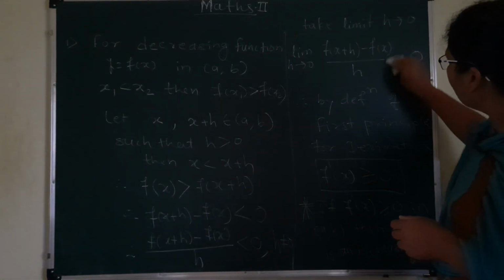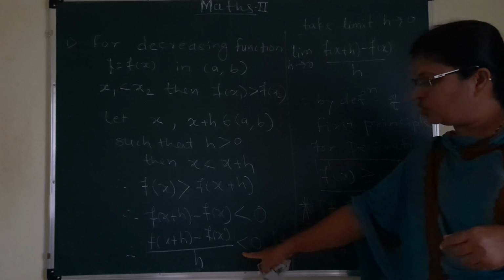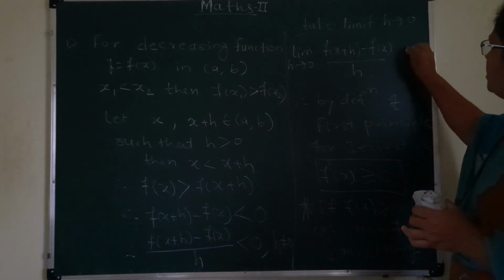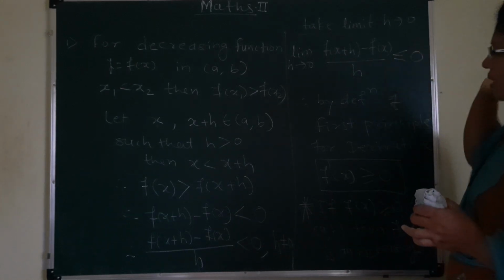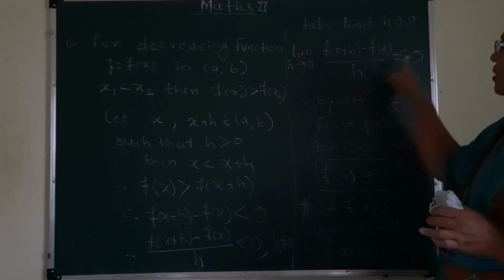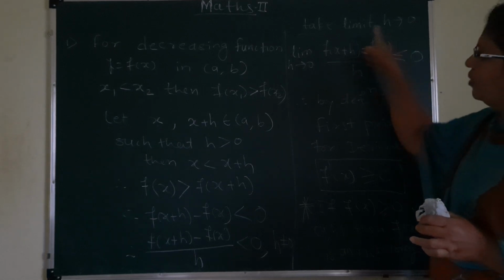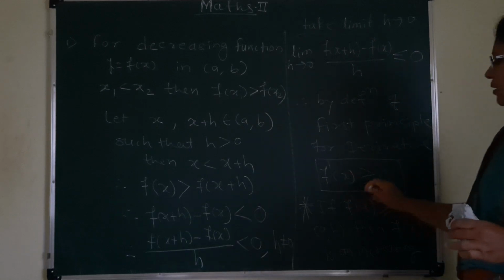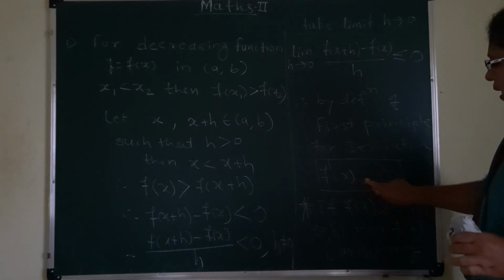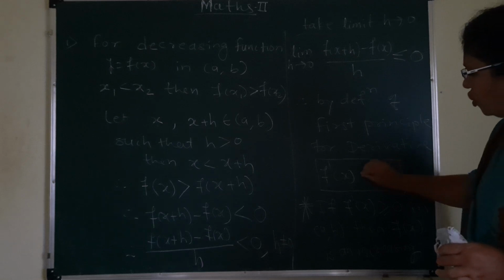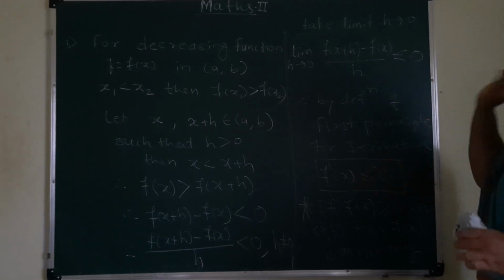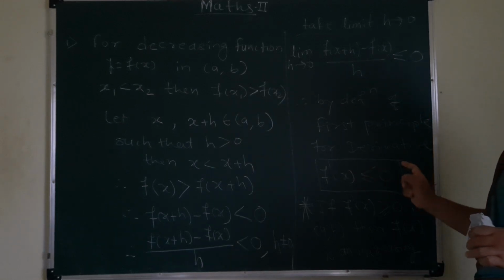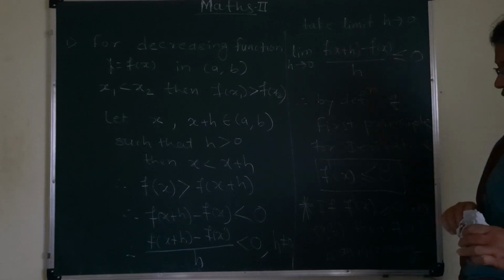Only this sign will change, this less than will become less than or equal to. And again, this term by the definition of first principle is nothing but f dash of x, and hence f dash of x is less than or equal to 0. This is the condition for a decreasing function.